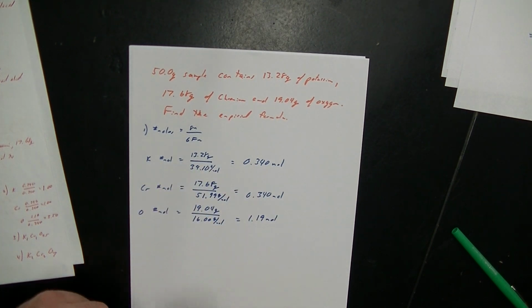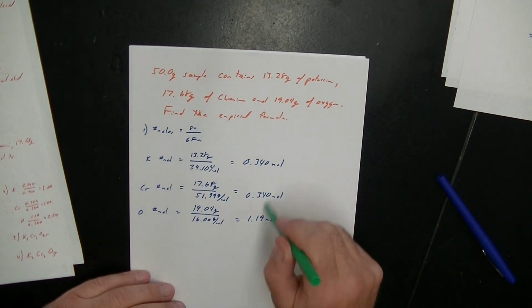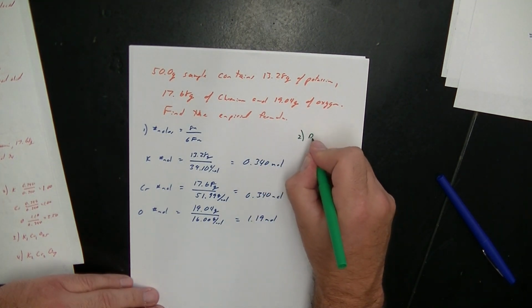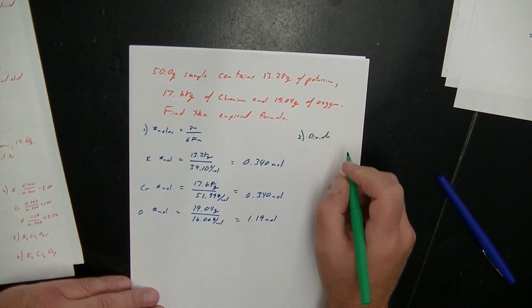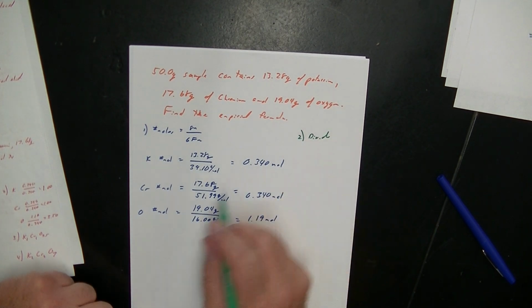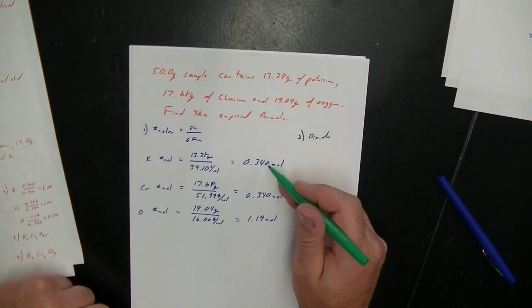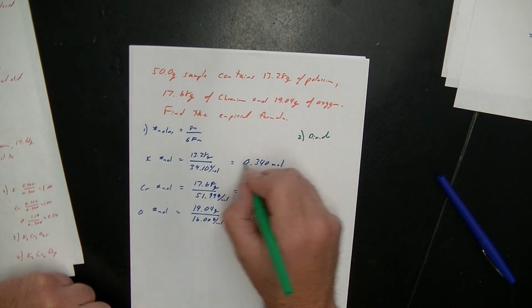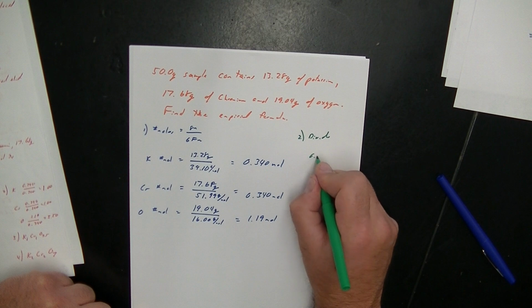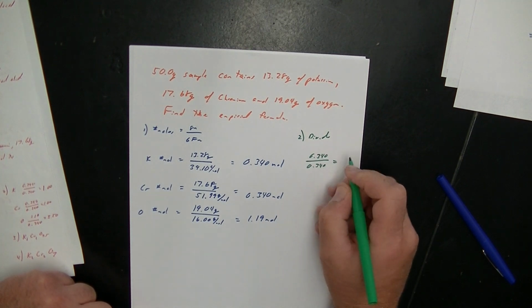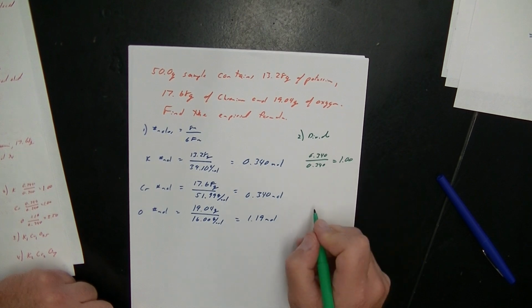Our second step is to divide these numbers. We want relative amounts. Okay, so we're going to divide them by the smallest number. In this case, our smallest number is 0.340. So for potassium, we'll go 0.340 divided by 0.340, and we get 1.00.